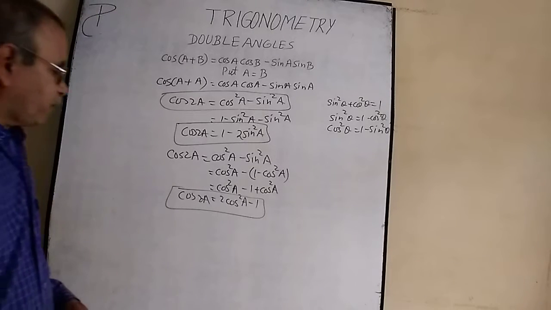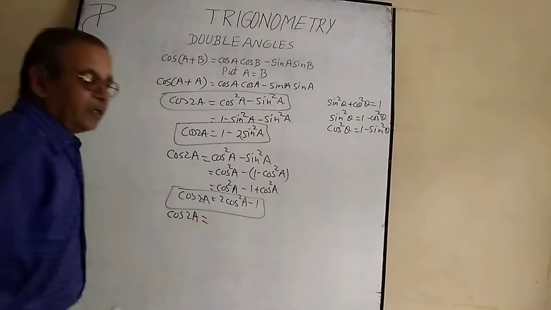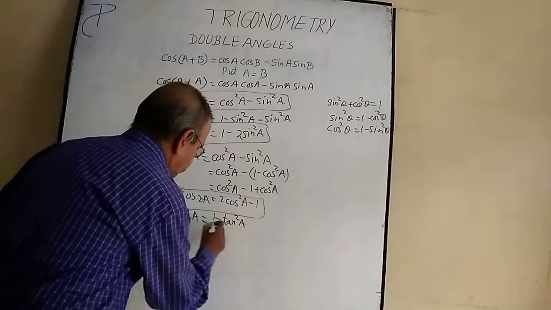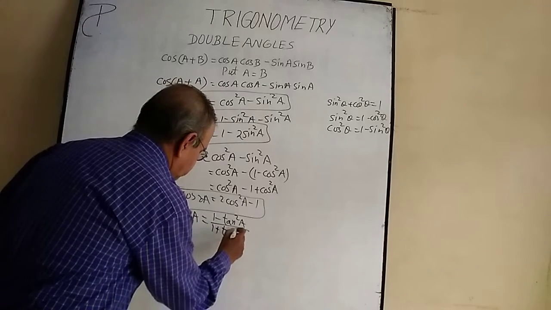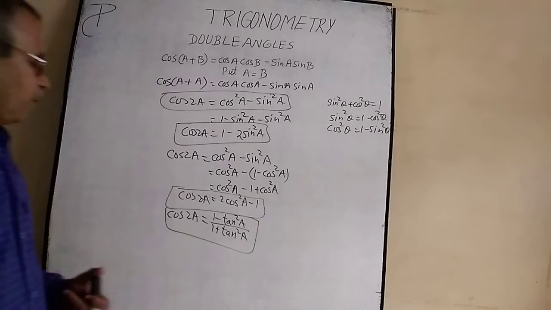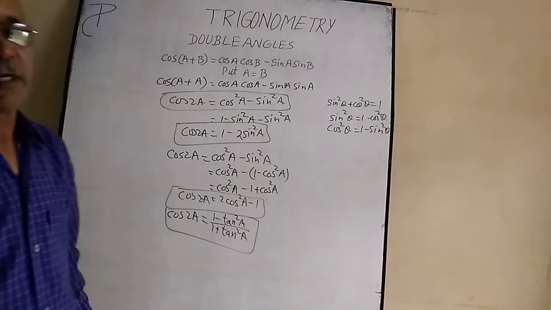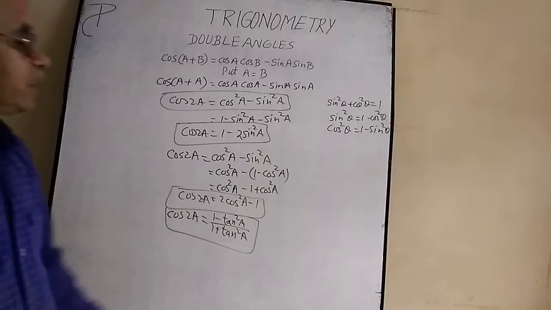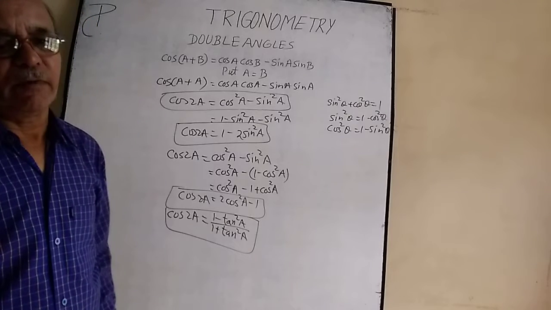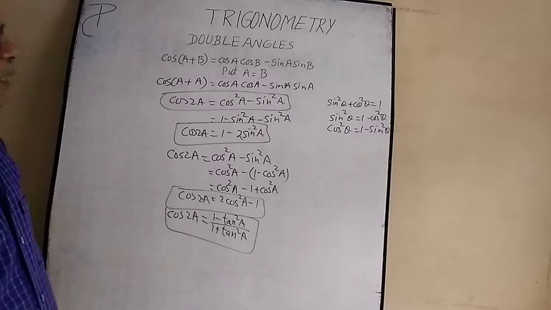Similarly, we also find one more relation: cos 2A is equal to 1 minus tan square A upon 1 plus tan square A. We substitute cos square A minus sin square A upon 1, where that 1 is replaced by sin square A plus cos square A, and divide the numerator and denominator in the same way as we did for sin 2A.